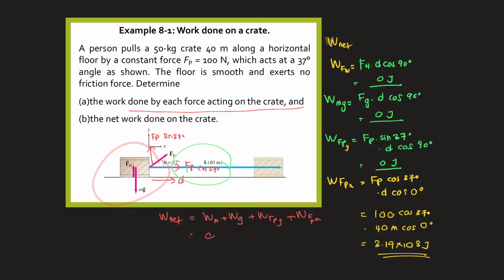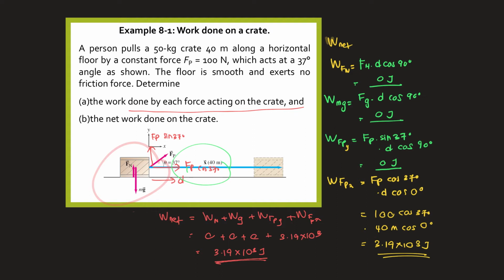So you're going to get 0 plus 0 plus 0 plus 3.19 times 10 to the power of 3 over there. Then you are going to get your answer, 3.19 times 10 to the power of 3 joule. Okay, that's how you find it.